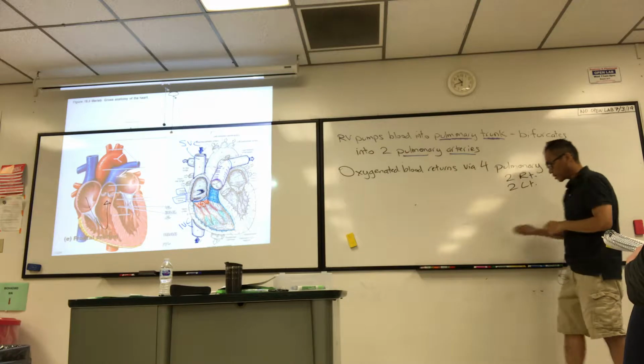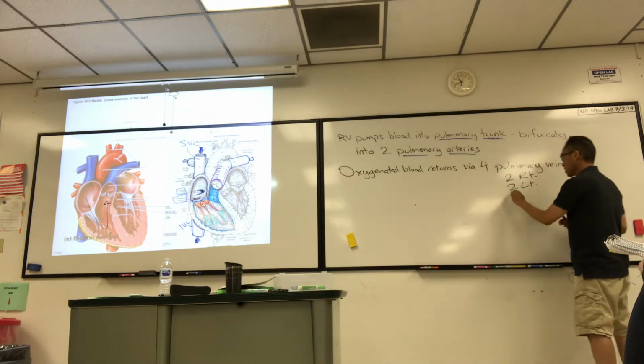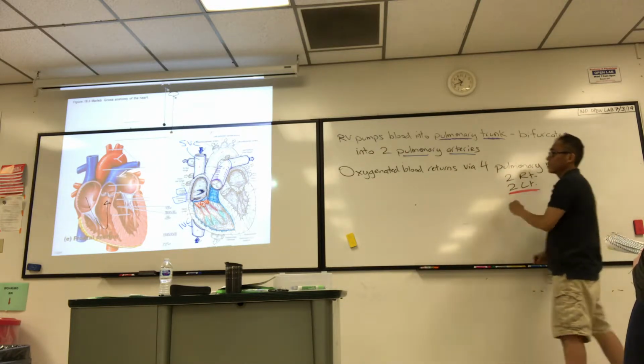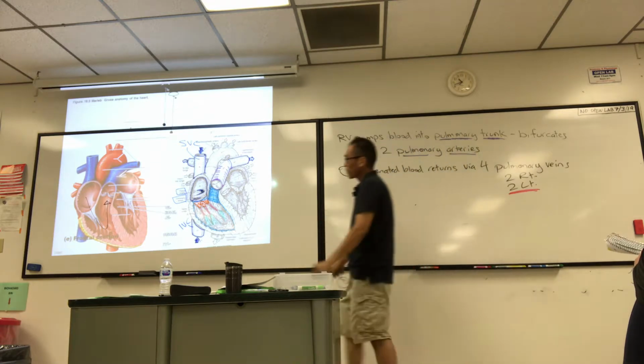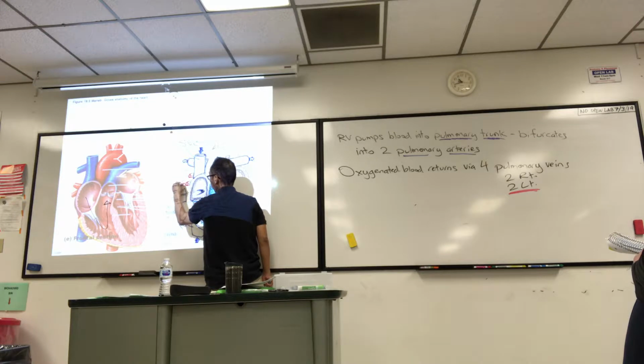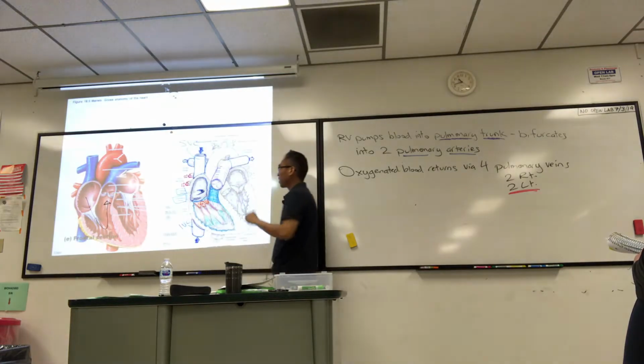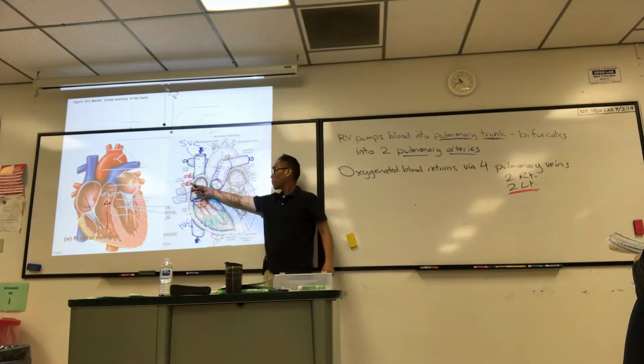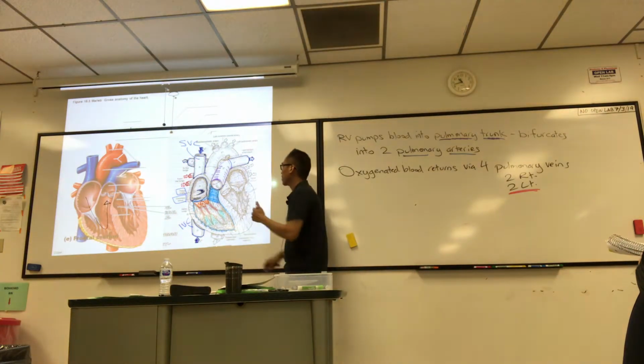I'll use kind of red to color them in because now blood is oxygenated, right? And they're right here. Here's 2 from the right side. There's one there. There's another one there. And the blood flow is returning to the heart, and the blood is now oxygenated. So there's the 2 on the right, here's the 2 on the left.